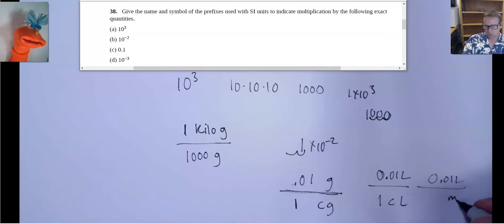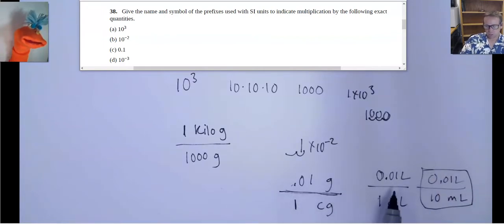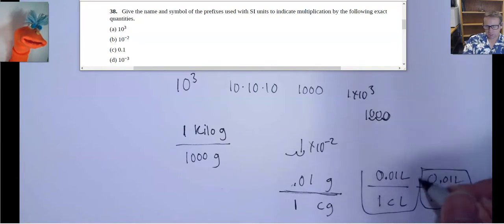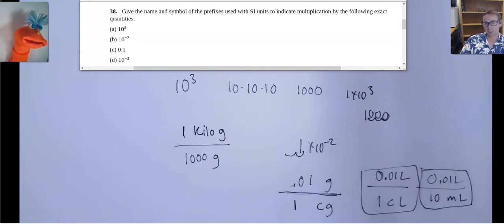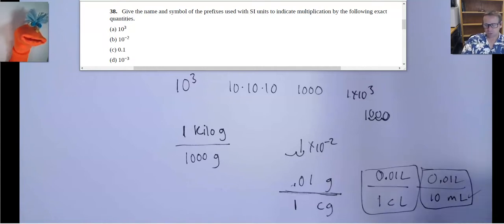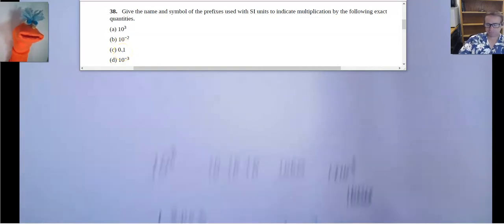So if I wanted to express this in terms of milliliters, for example, well, then I would need to move the decimal place over 3 times, 1, 2, 3, and that would equal 10 milliliters. So if I had 0.01 liters, I could express it as 1 centiliter, but usually what you'd hear is 10 milliliters, because milliliters is a unit that we use in the lab. We don't use centiliters at all. Okay, so 0.1, that's 10 to the minus 1.